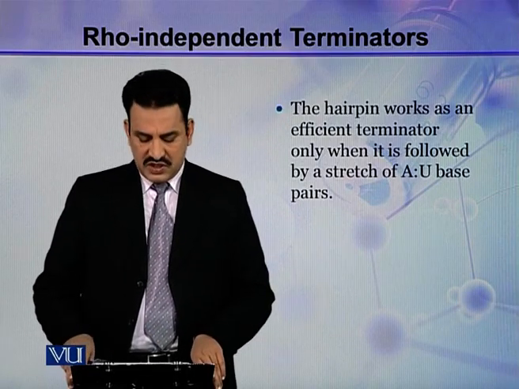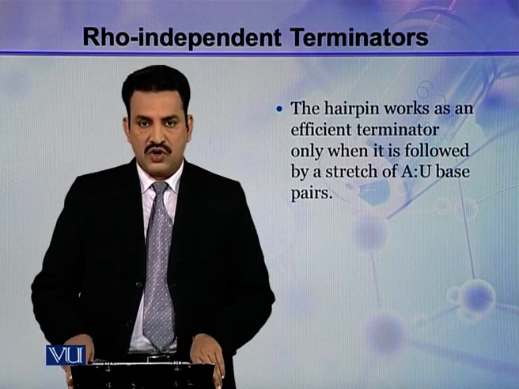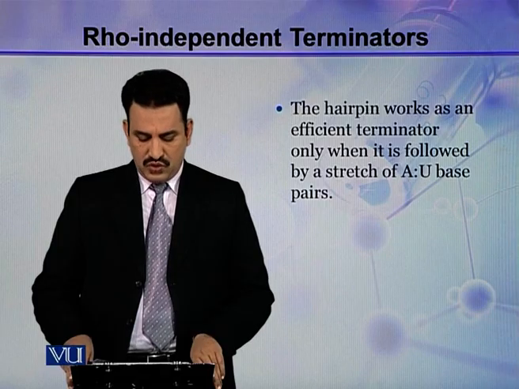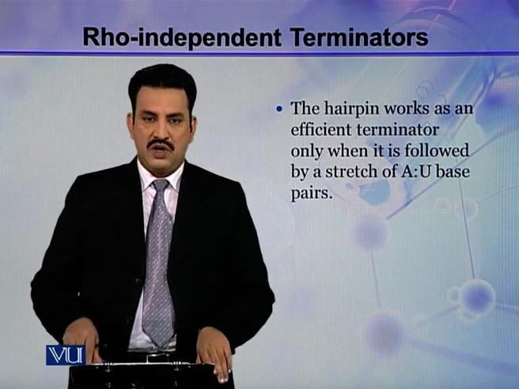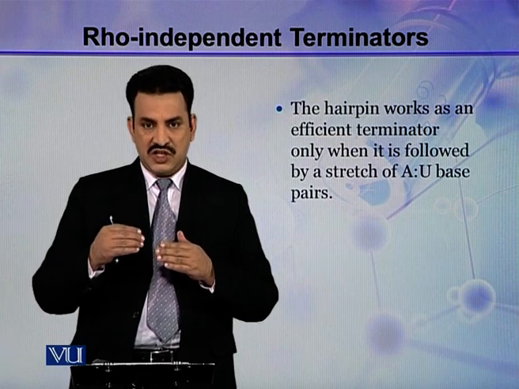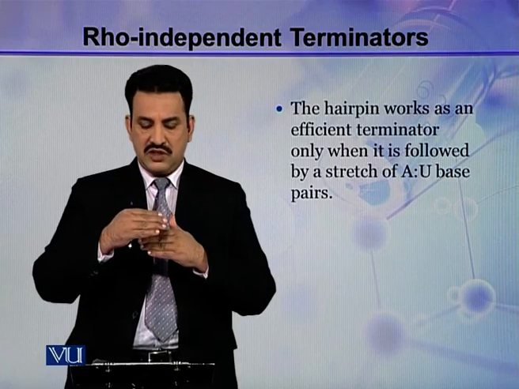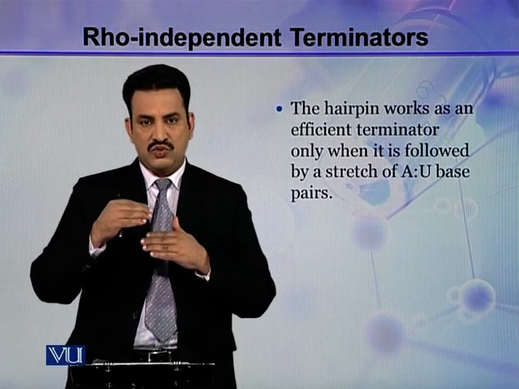The hairpin works as an efficient terminator only when it is followed by a stretch of AU base pairs. So in the DNA, this sequence was AT, but here between RNA and DNA, this sequence is AU.